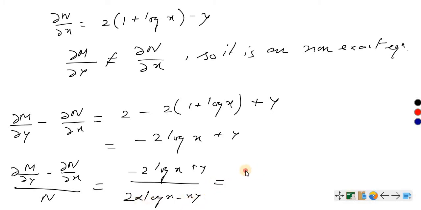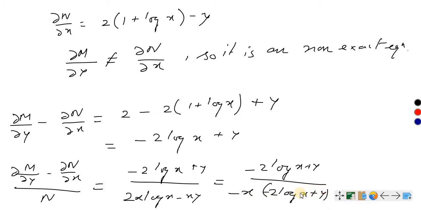So I can write simply this as minus 2 log x plus y in the numerator, and if I take x common and also minus common in the denominator, I will get minus x(2 log x minus y). So the denominator part and the numerator part are the same, so I can cancel this with this, and I will be getting finally what?